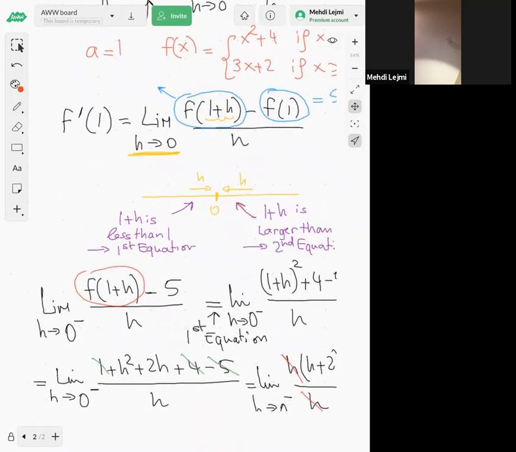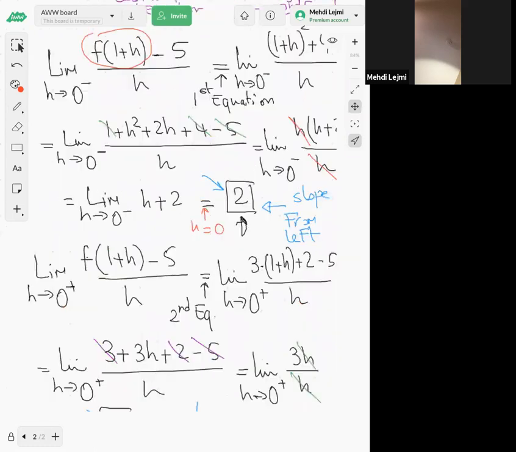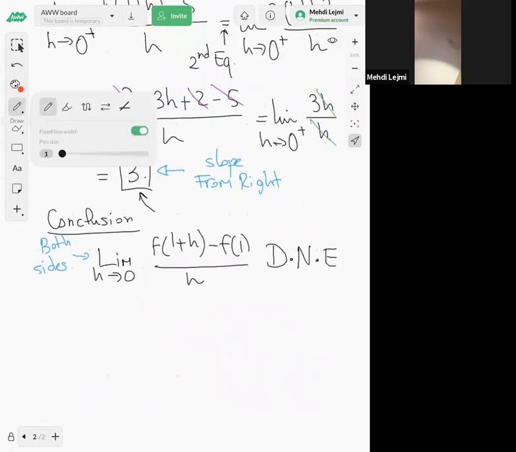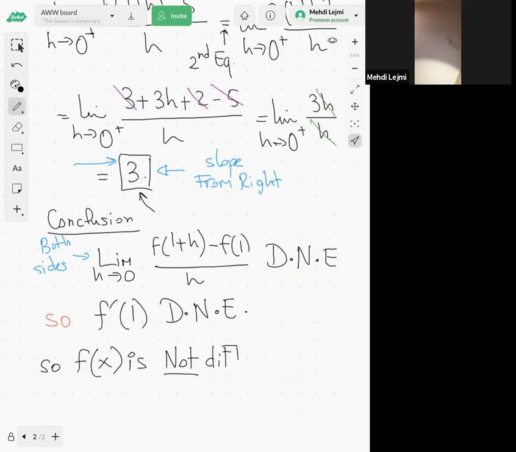The limit does not exist, and so f is not differentiable at x equal to 1.